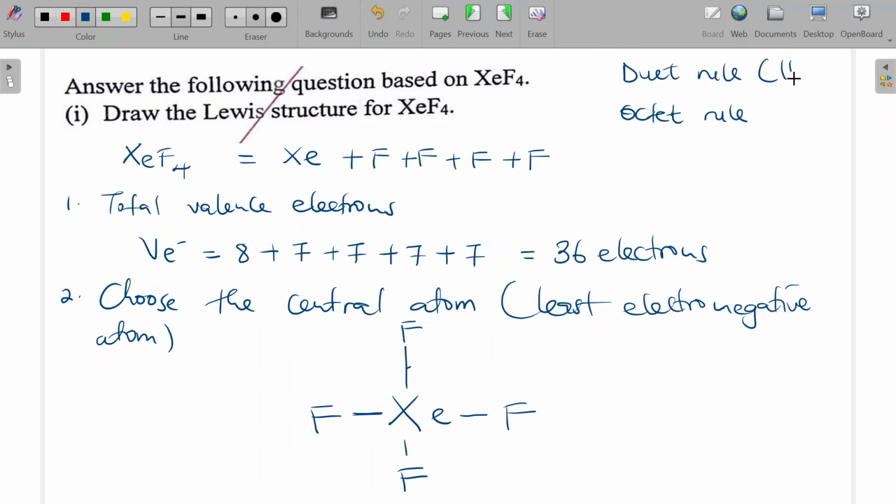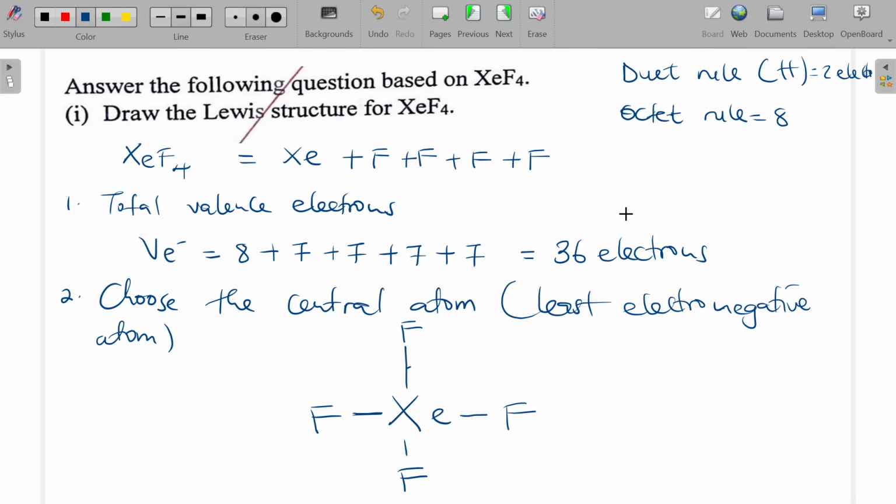The duet rule is mostly for hydrogen and deals with 2 electrons. The octet rule is talking about 8 electrons, meaning that for an atom to be balanced, it needs to have 8 electrons.